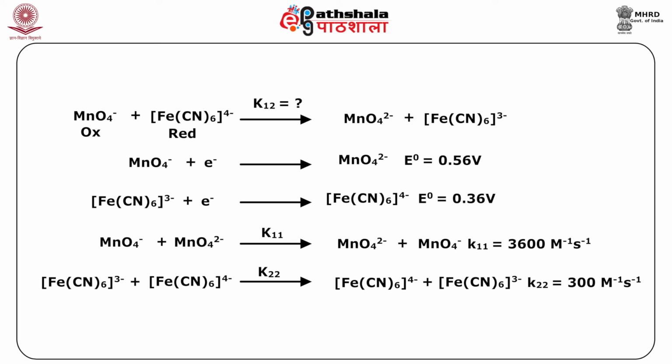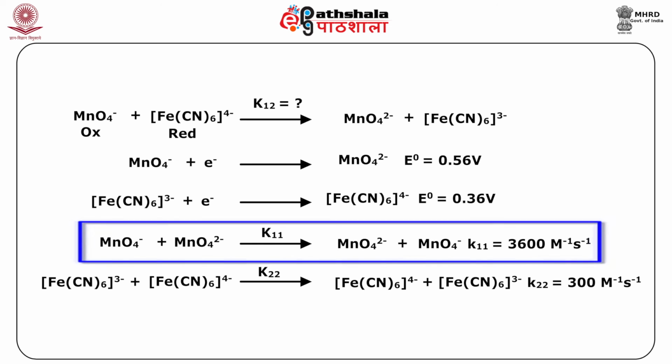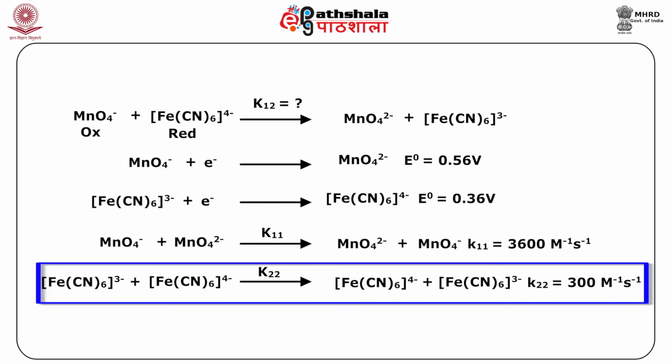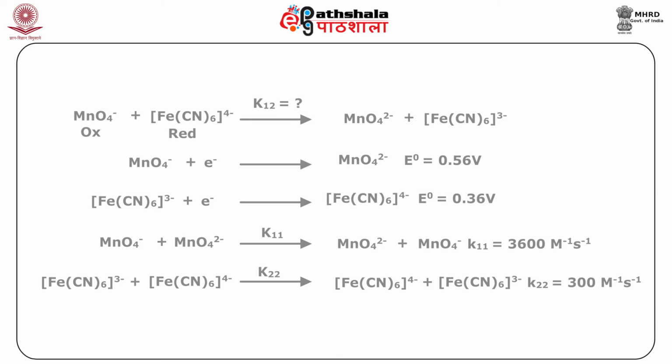Now, the combination of MnO4 minus plus MnO4 2 minus is a kind of outer sphere reaction. So k11 is the rate constant, and it forms MnO4 2 minus and MnO4 minus, and the k11 value is 3600 mole inverse second inverse. On the other hand, Fe(CN)6 3 minus plus Fe(CN)6 4 minus, suppose this rate constant is k22, forms Fe(CN)6 4 minus plus Fe(CN)6 3 minus, and the k22 value is 300 mole inverse second inverse.